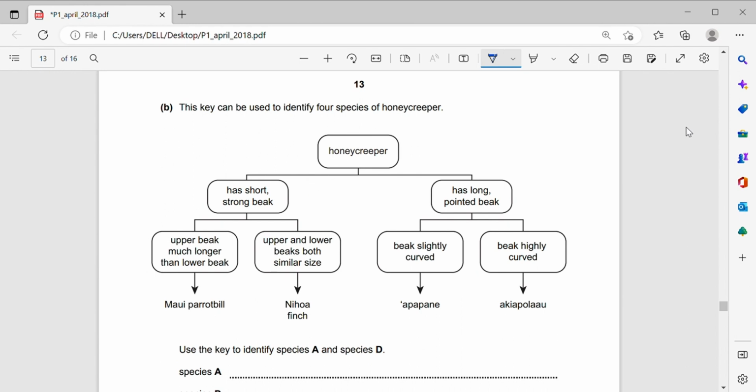This key can be used to identify 4 species of honey creeper. We have here the honey creeper has a short, strong beak. Okay, so this is the key to identify. Short and strong beak. The upper beak much longer than the lower beak.